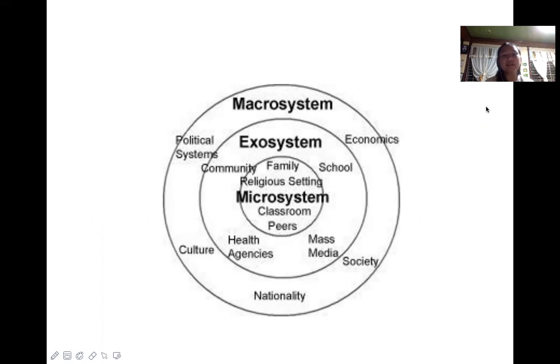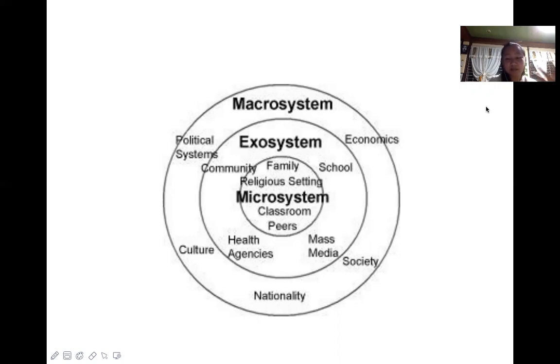But all of these factors, not just the family, not just the school, but the wider perspective, the macrosystem, the political system, the economics, the society itself, the culture, the identity that we have in relation to our nationality, the things that we are being socialized or trained to believe are all affecting how we are contributing to the general whole. So whether we like it or not, we are affecting the system.